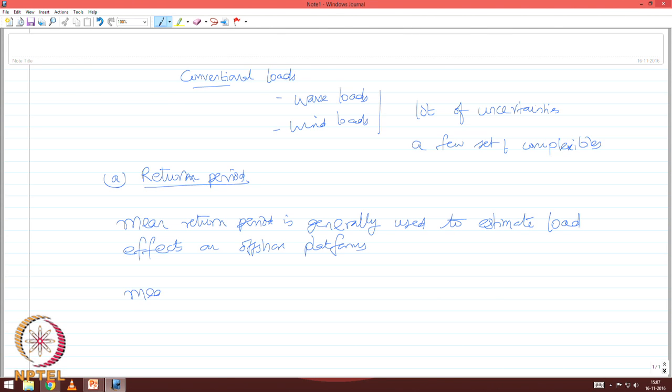Mean return period is actually used to assess the characteristic value of environmental loads.